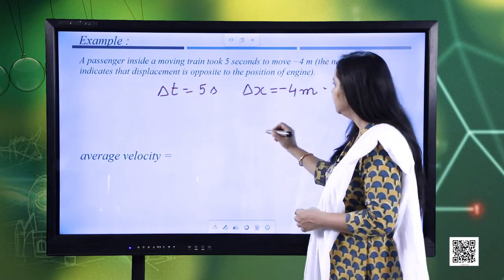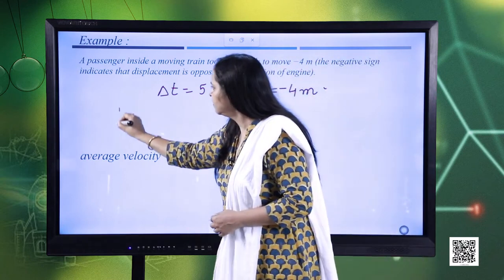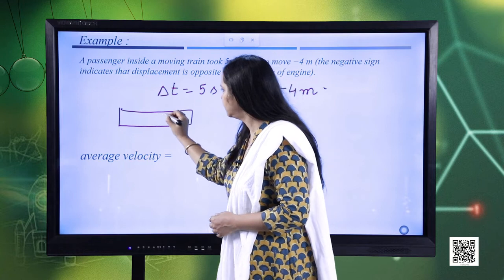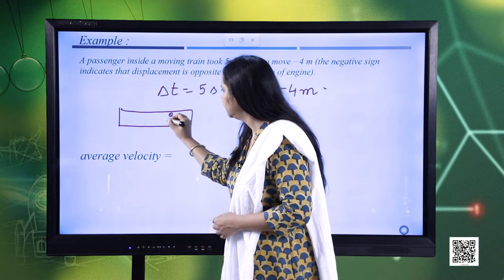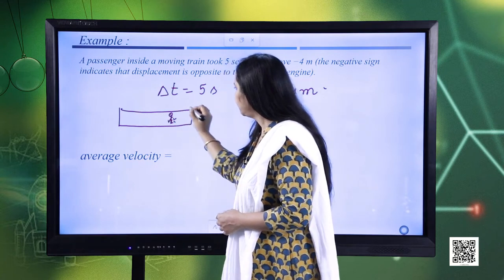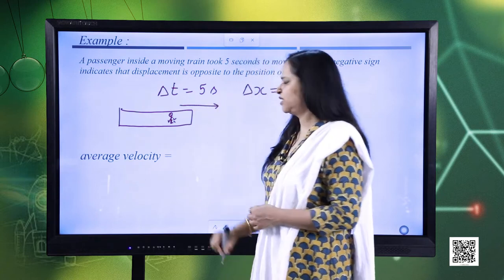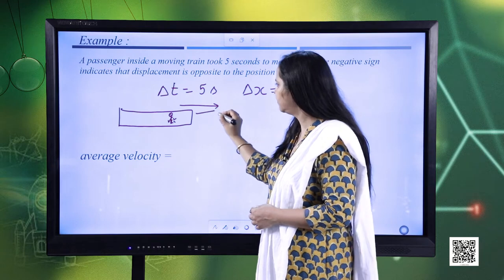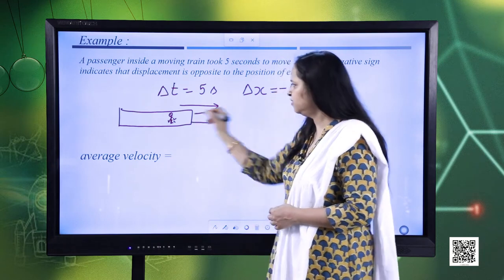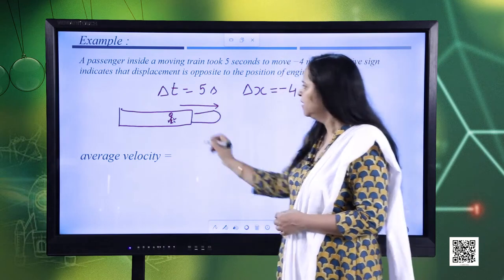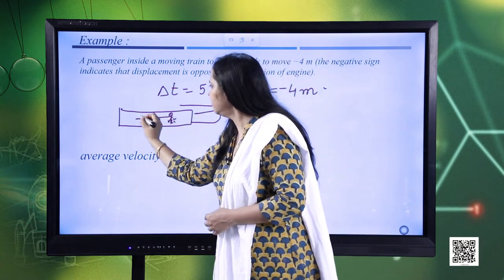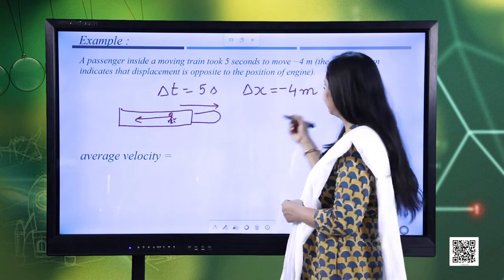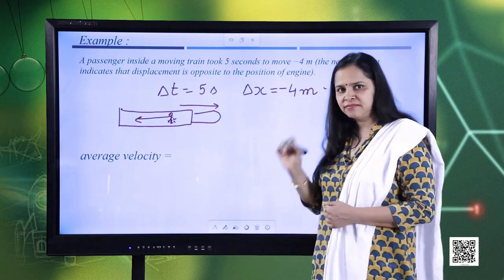Let's say this is a compartment of the train, and this is a person, and the engine is on this side. The train is moving in this direction, and the passenger is moving inside the compartment opposite to it. That is the significance of the minus sign.